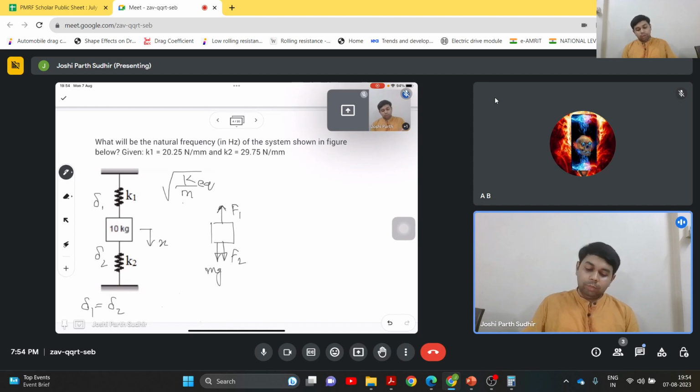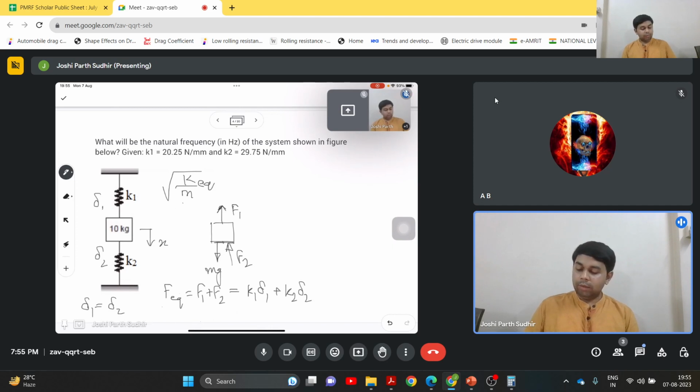Now, the total spring force acting on this system: if we push this mass down by x, then force F1 will be tensile and the other spring will exert a compressive force F2. So the equivalent force is F1 plus F2. We can write F1 as K1 delta 1 and F2 as K2 delta 2.